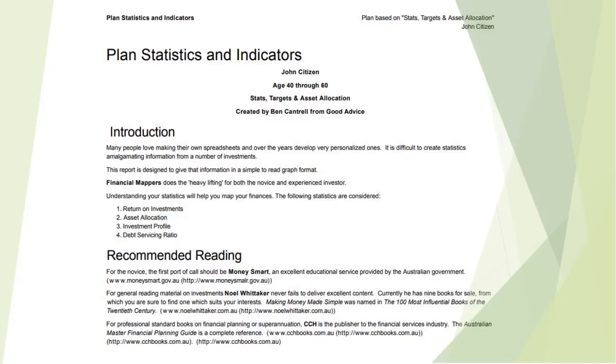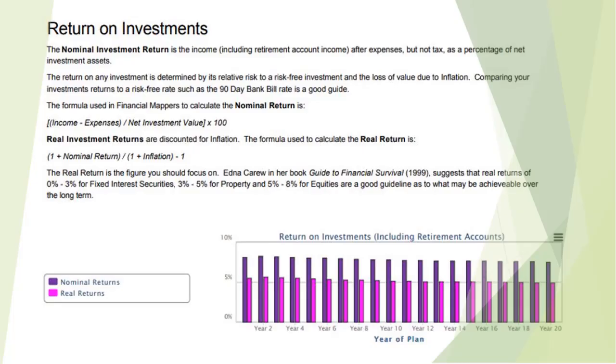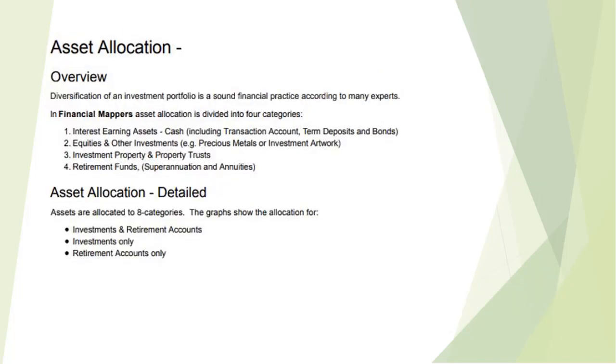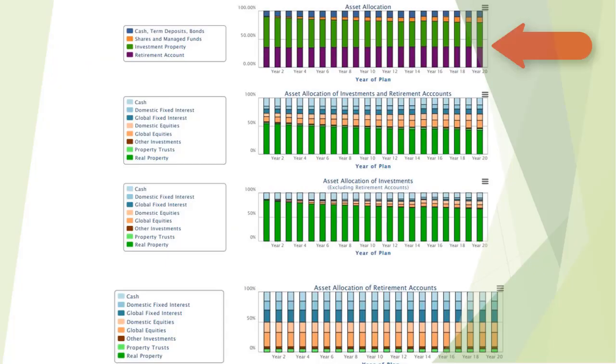The report, Plan Statistics and Indicators, explains some of the terms so that you can have a better understanding of your plan and the terms used. The following are screenshots from the report excluding the disclosure statement. After the introduction, the first statistic explained is the return on investments. The asset allocation is displayed as an overview. In addition, the allocation is displayed for each of the 8 asset classes.